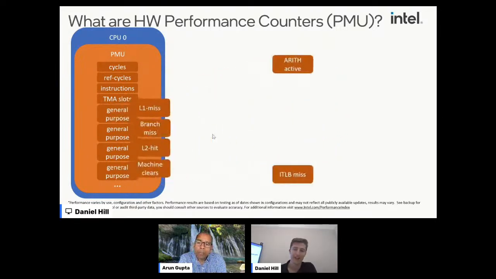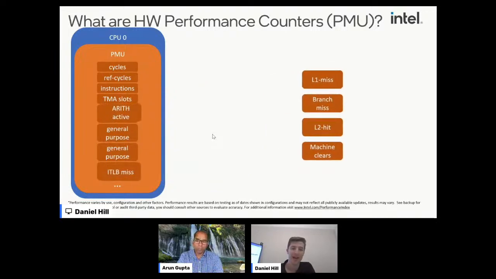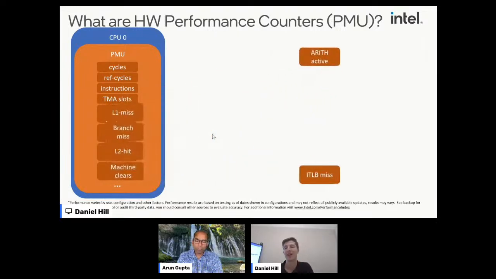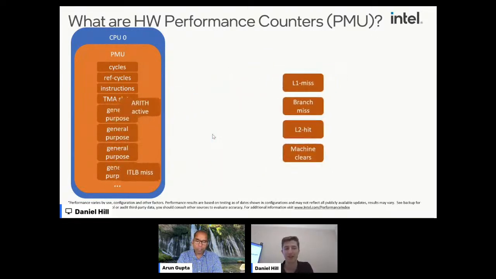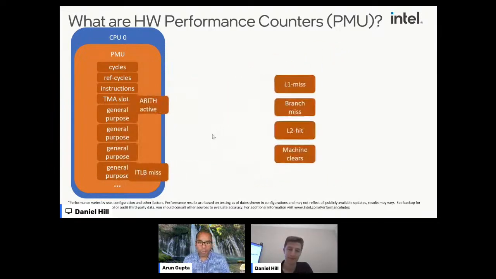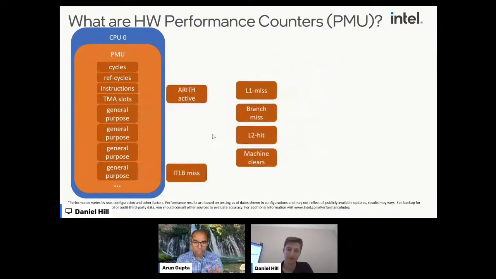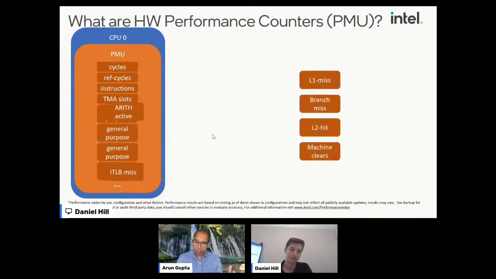This might seem a little overwhelming, but thankfully there's a great open source ecosystem, with tools that have already figured out all these optimal groupings for you to calculate all these metrics that might be interesting. I think that's the beauty of it: hardware defined, software enabled. The capabilities are there, and how you leverage them is well defined using software in an open source ecosystem.